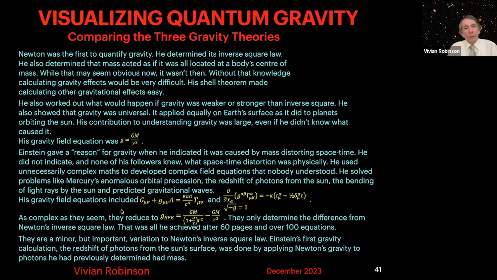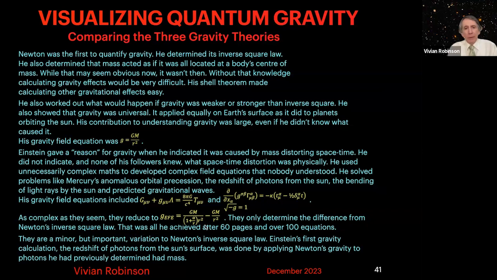His gravity field equations included terms like this and this. As complex as they seem, they reduce to Einstein's gravity field equations just equals this term minus Newton's gravity. They only determine the difference from Newton's inverse square law.